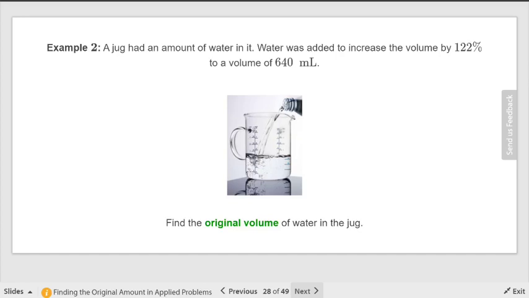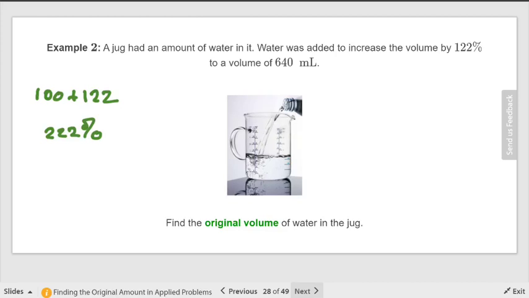We increased it, so we would have had less to start. How much did we increase it by? 122. Add 100 to that. That's what they're messing with you a little bit. It's unusual to add more than 100%, isn't it? So you've got to be careful. It's really 222%.